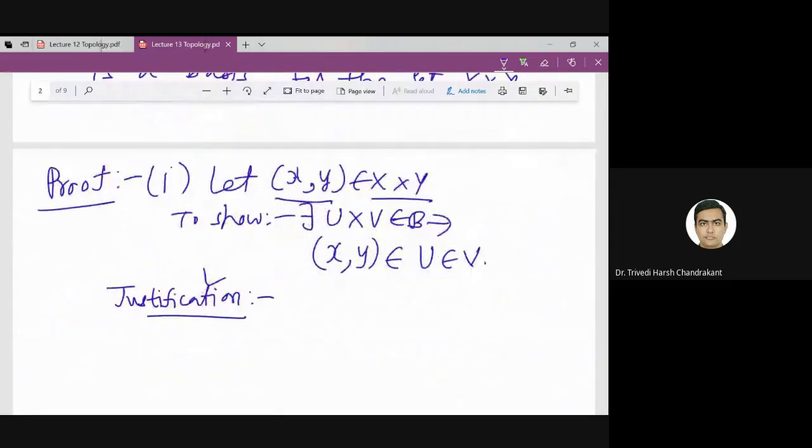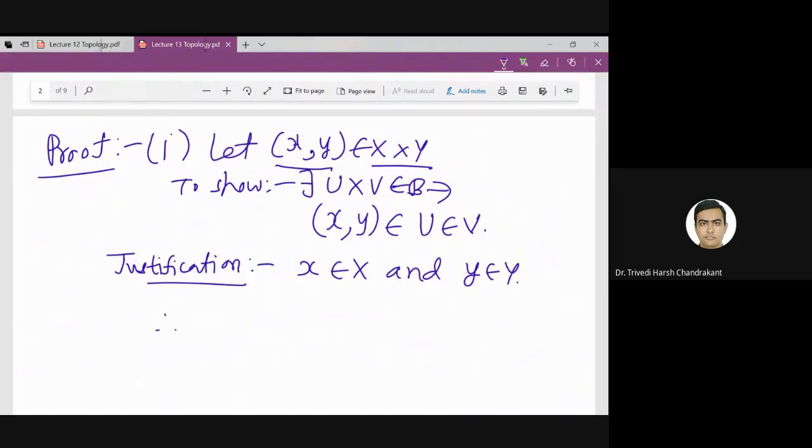So since xy belongs to x cross y, x is in x and y is in y. Therefore, what we will get is there exists a basis element b in bx so that x belongs to b, right?